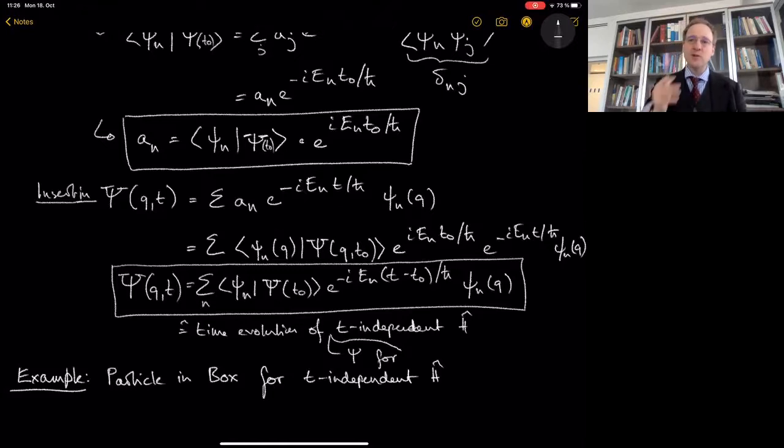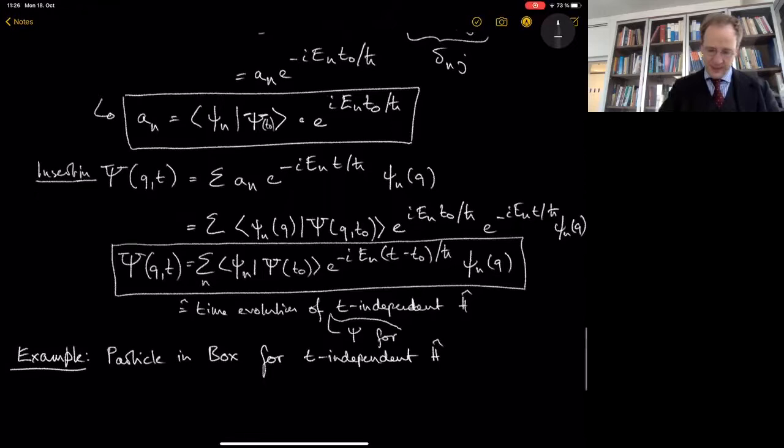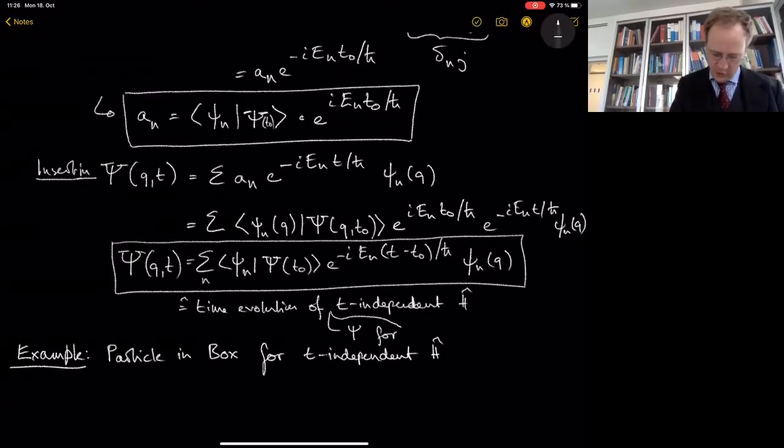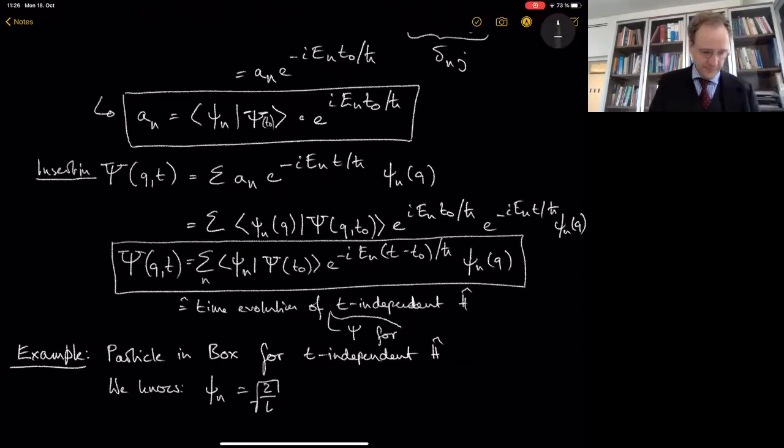You should already know the solutions to the particle in the box and the Hamiltonian. All this is known to us. In particular, we know that your set of eigenfunctions looks like this. This is our set of eigenfunctions.